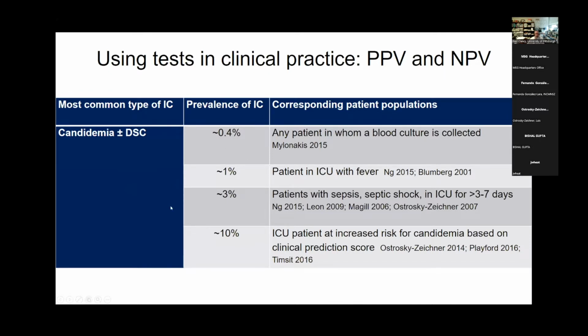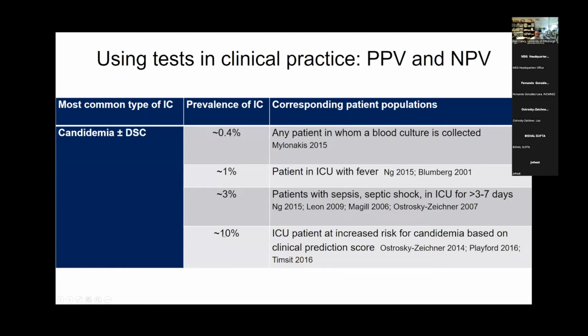So if we look at candidemia, in any hospitalized patients who you get a blood culture in, about 0.5% are going to have a positive blood culture for Candida. If you go into the ICU, patients with fever, about 1%. ICU patients with sepsis, septic shock, about 3 to 5%.